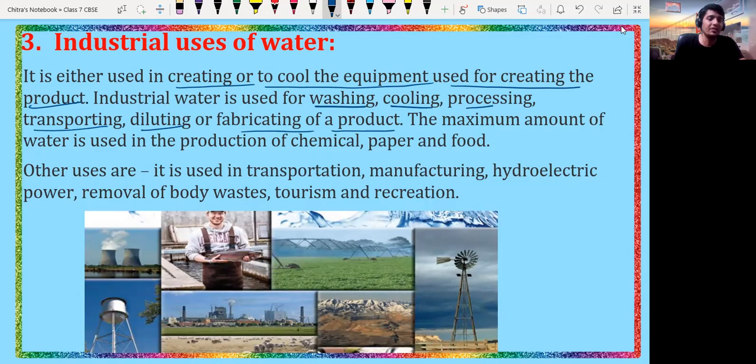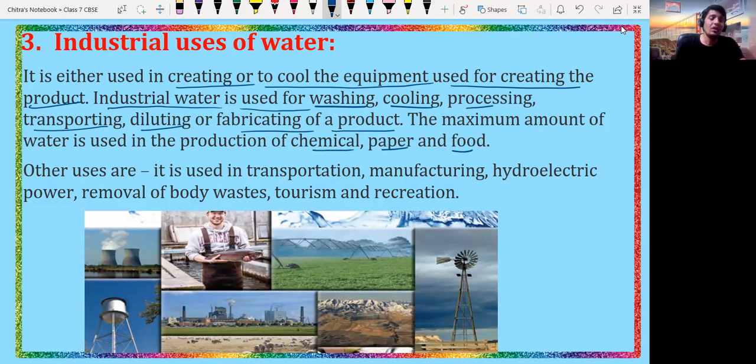Here industrial water is used for washing, cooling, processing, transporting and diluting any material, or fabricating the product. The maximum amount of water is used in the production of chemicals, paper, and food.